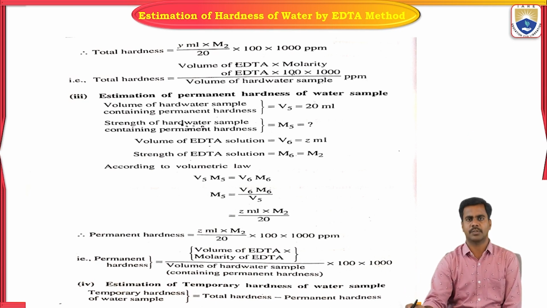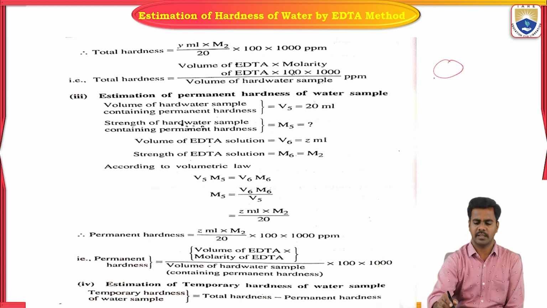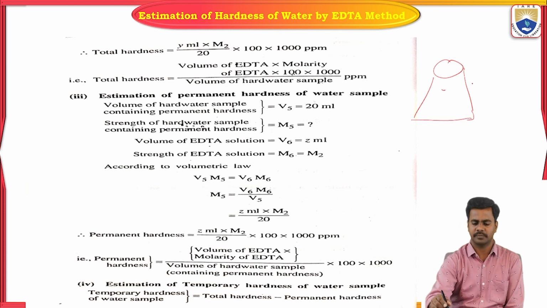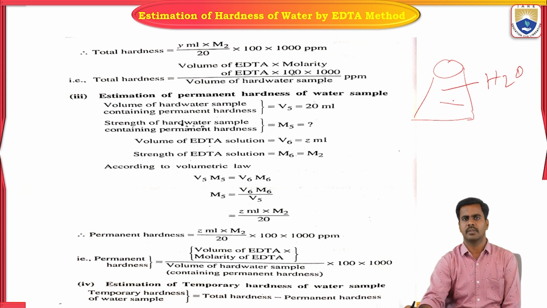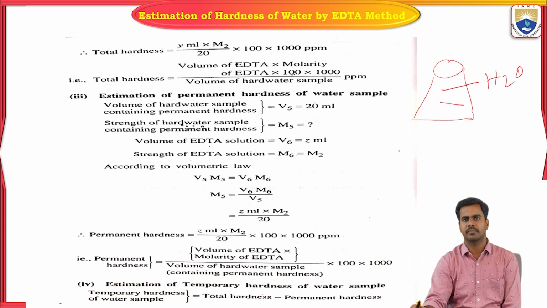In this step also, first we have to take some amount of water in a conical flask. Before adding the EBT indicator and buffer solution, we should heat, we should boil the conical flask.